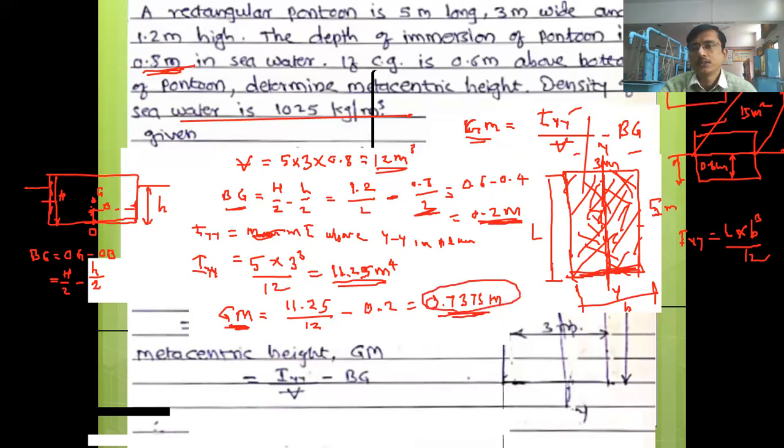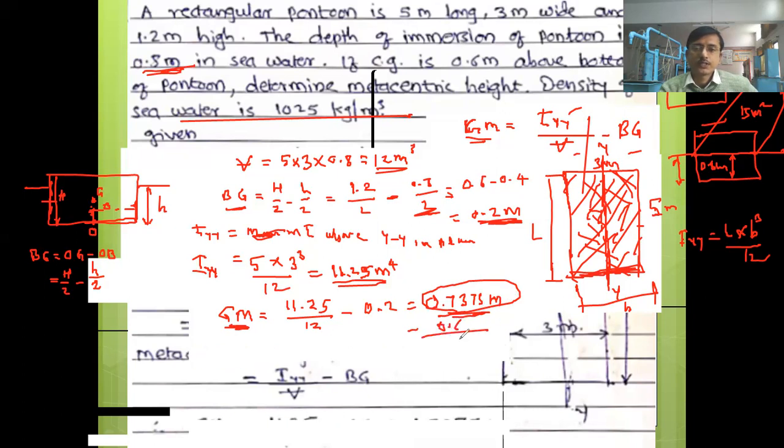So definitely this M will be out of this object. By how much amount? If you subtract 0.6 from this, you will get 0.1375. It is not asked of us to find out whether it is outside the body or not, but just for your information, I am telling you this.